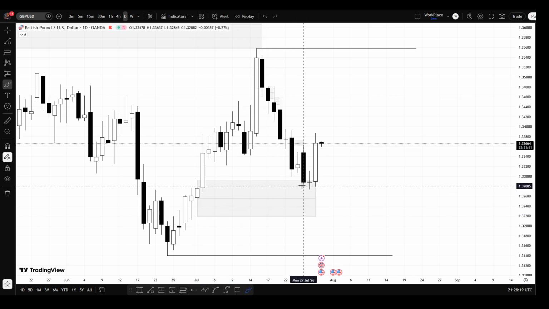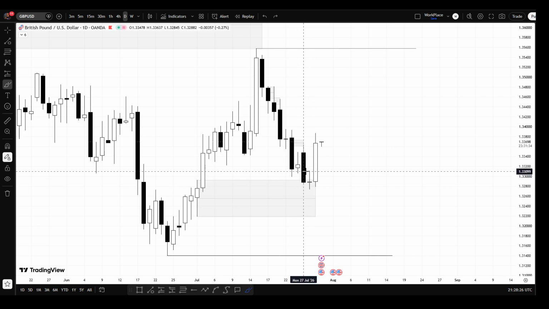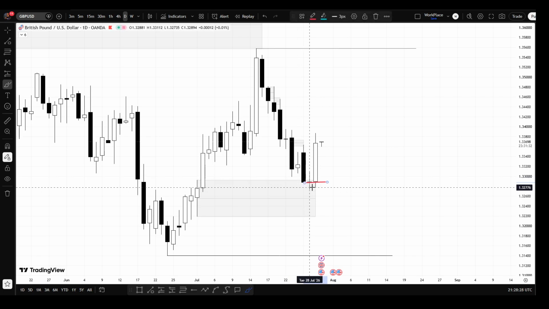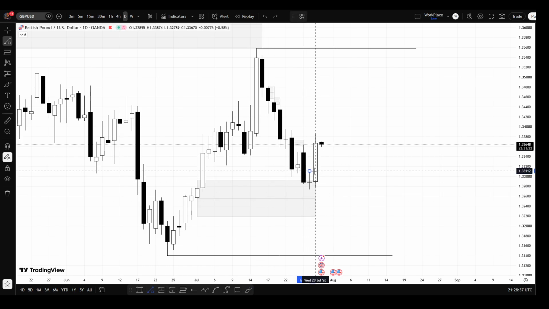So after mitigating that demand zone, price then swept here and closed above the previous candlestick low, indicating a bullish reaction. So price then mitigated the EQ of the previous candlestick, and then we gave an impulsive move to the upside. Okay, so you can see that we have a close here on the daily time frame.